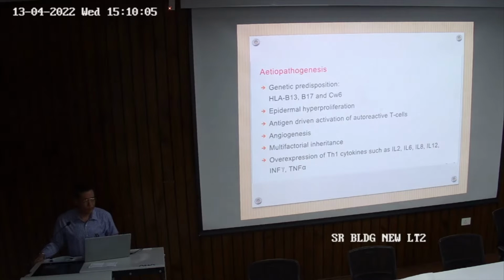There is epidermal hyperproliferation. So this is the basic deformity or the reason of formation of plaques in psoriasis. There is epidermal hyperproliferation. So skin divides faster than the normal skin. Normal skin, it takes how many days to divide and rejuvenate itself?